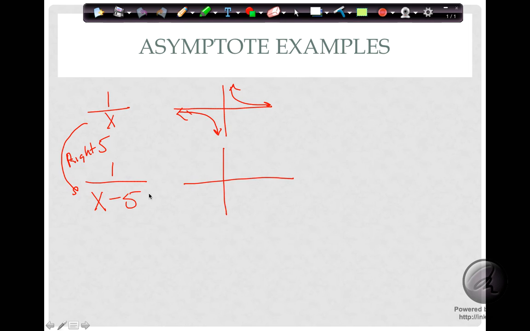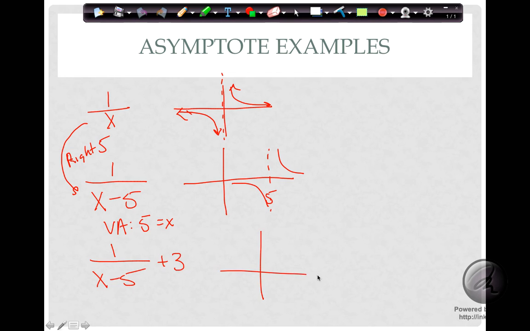And that should make sense because my vertical asymptote is x equals 5. So my vertical asymptote goes from my parent function of x equals 0 over to x equals 5 and follows the same pattern. So if I was to do 1 over x minus 5 plus 3, this would move my vertical asymptote over to 5 and my horizontal asymptote up 3 units, but still it would follow the same pattern.